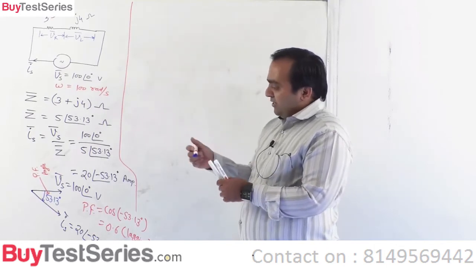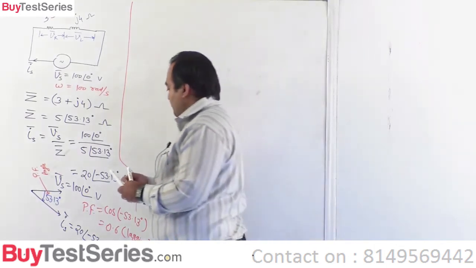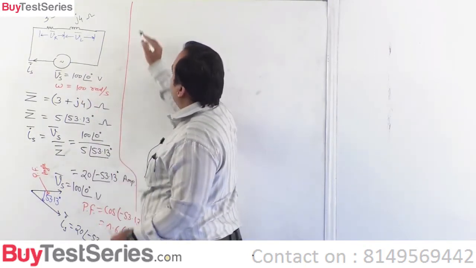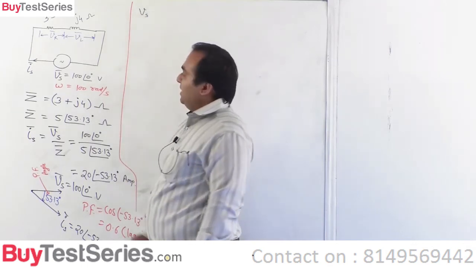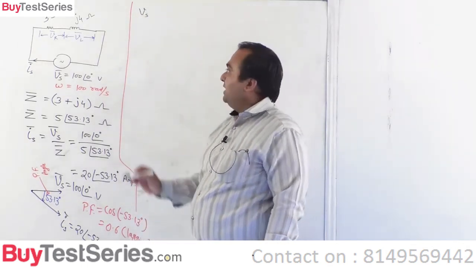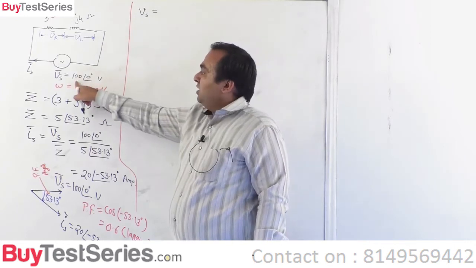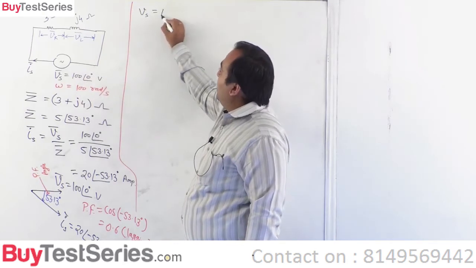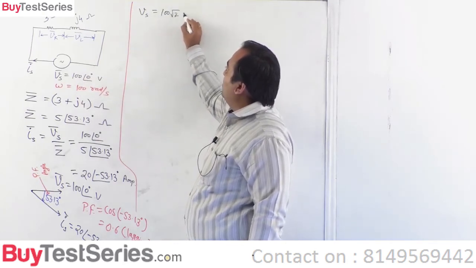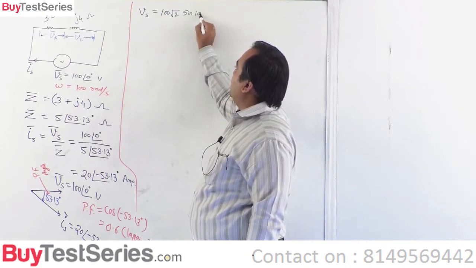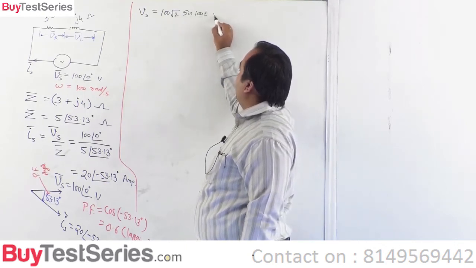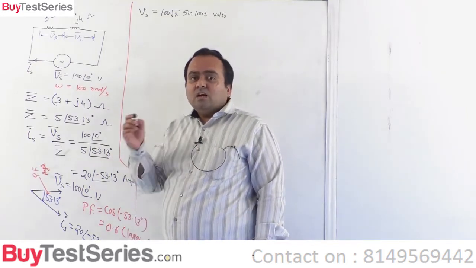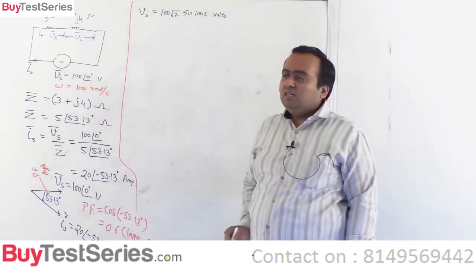Now, what are the further calculations that we can do? See, if Vs is to be represented as a function of time or as a function of omega t, how would we represent it? What is the value? 100. 100 is the RMS value. So 100 root 2 sine omega t. Omega is also 100. So sine 100t volts. This is your Vs phasor or Vs as a function of omega t.